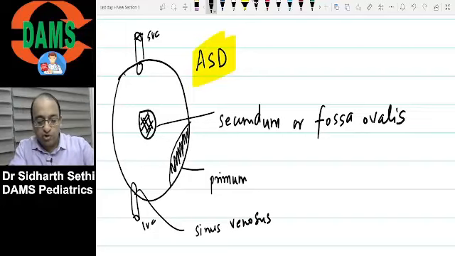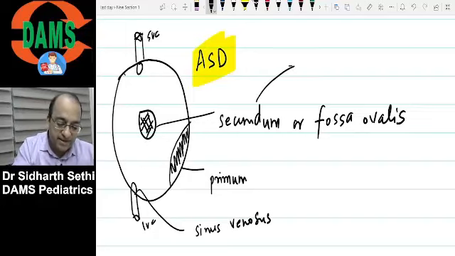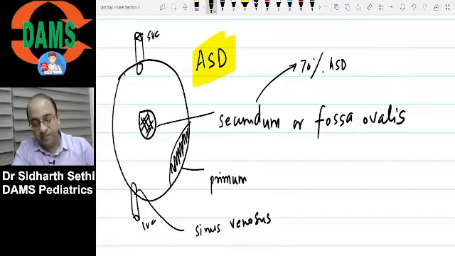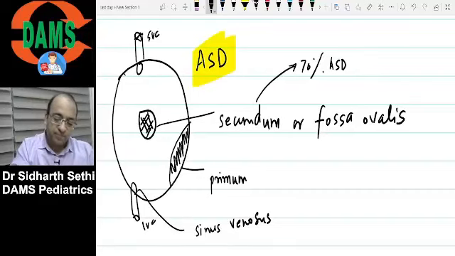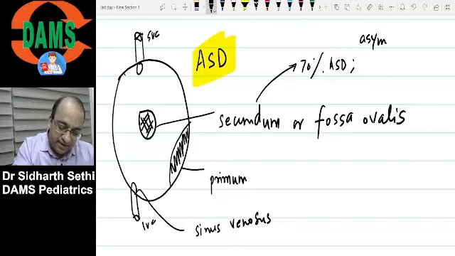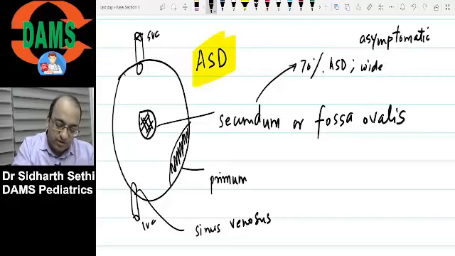So all of you should know which is the most common ASD. 70% of all the ASDs is secundum. And remember, secundum is asymptomatic. The only thing you'll see during childhood is a wide and fixed second heart sound.